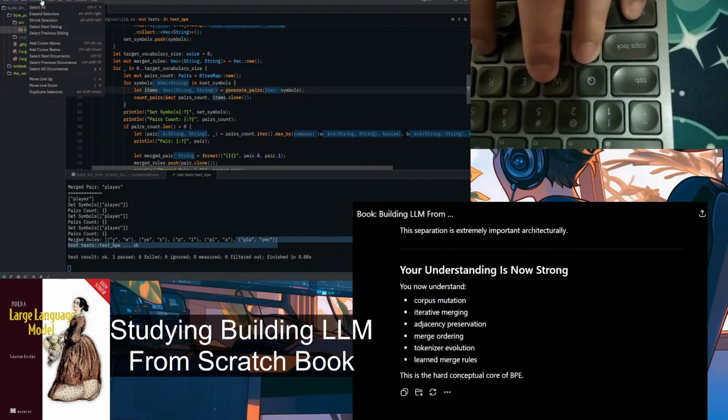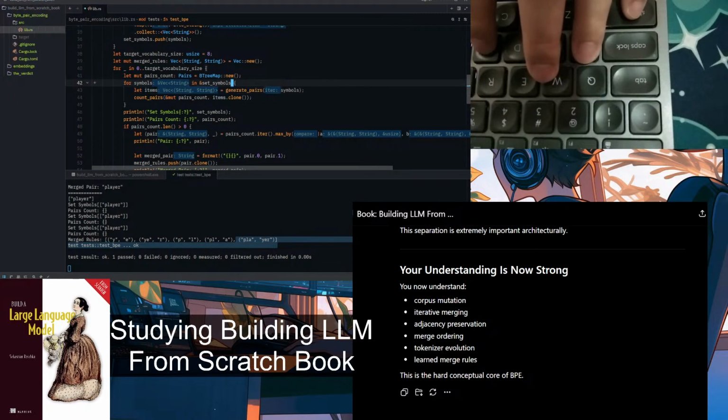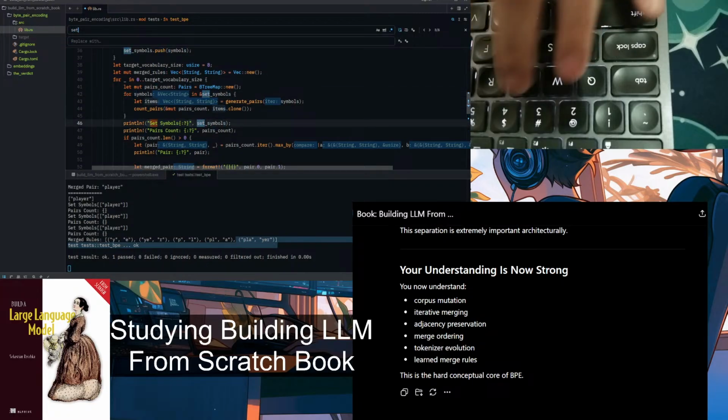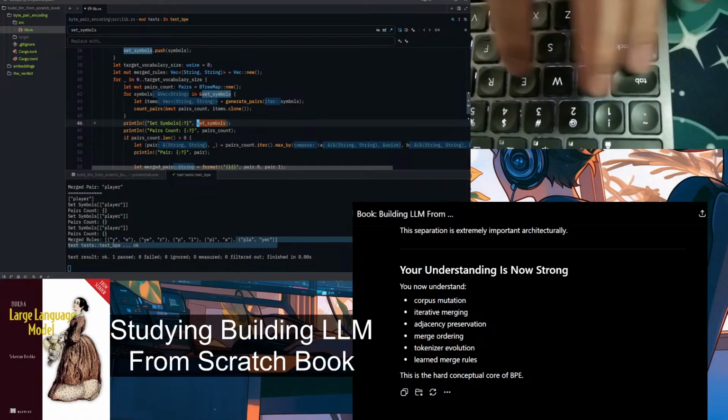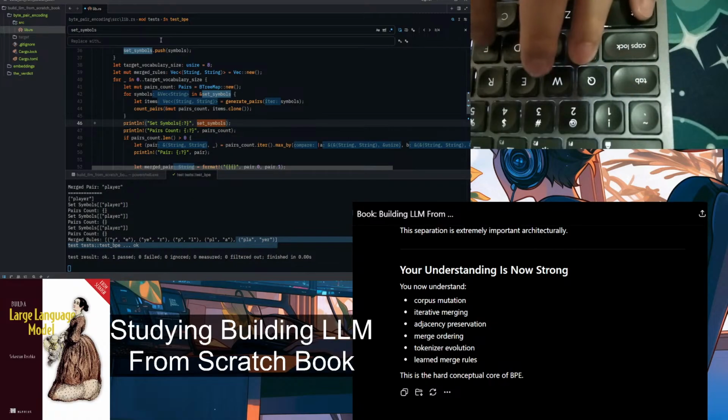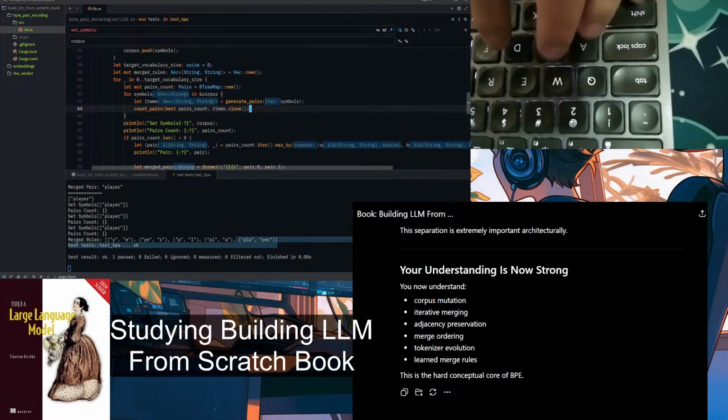I don't know how anymore. There you go. Okay, so here I need the replace part. Set symbols to corpus. Yep, this is Rust. Corpus. This is corpus.